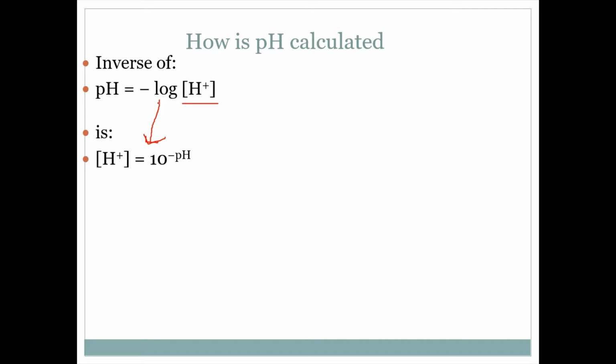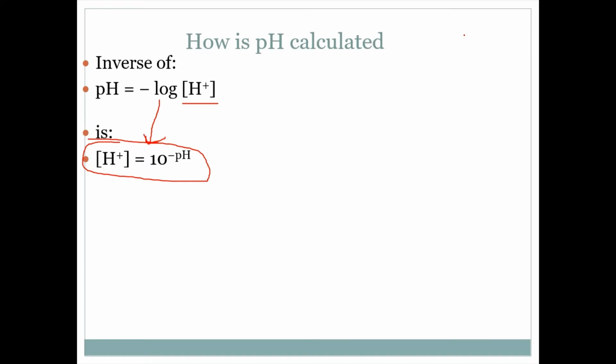For you guys who did know how to do it, you move the negative in front of the pH, so you end up with log of H plus equals negative pH. Then take 10 to both sides, the log and the 10 cancel out, giving you this equation right here. So that's where all that came from.